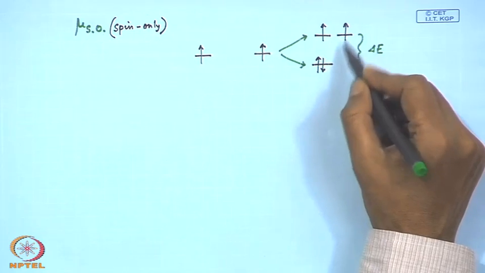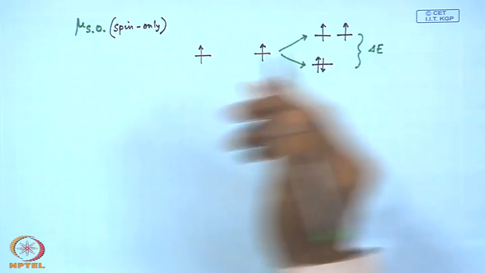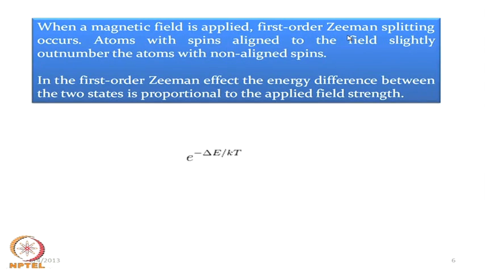These levels are what we consider the Zeeman levels. Atoms or molecules with spin aligned to the field slightly outnumber the atoms with non-aligned spins. So, more and more spins will be aligned to the applied magnetic field.